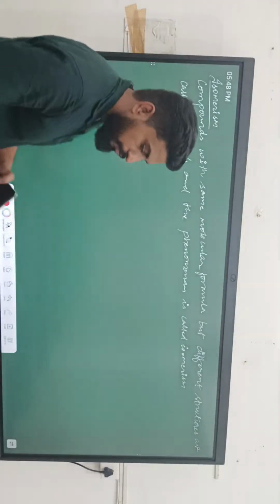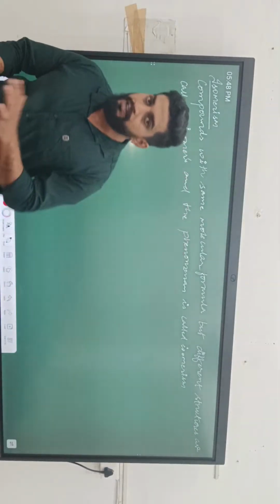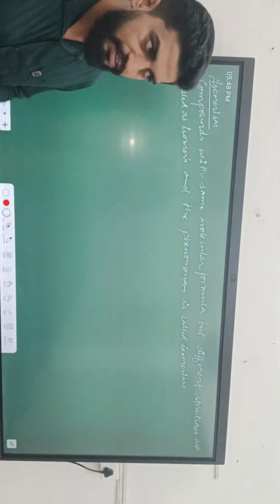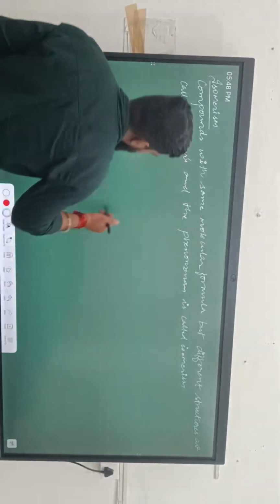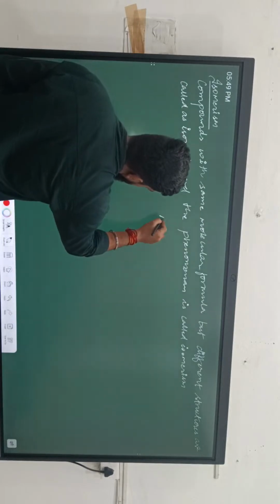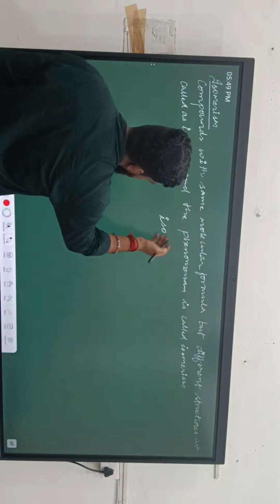Isomers are compounds having the same molecular formula but different structures, whether two-dimensional or three-dimensional. Now we'll be seeing the classification of isomers.